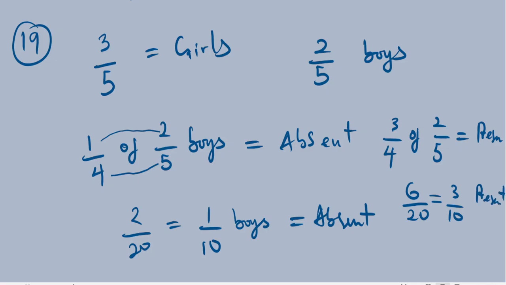So 3 over 10 of the whole class were present, and they are boys. You see that? So we take it step by step. 3 over 5 were girls, 2 over 5 were boys, 1 over 4 of the boys were absent. That means 3 over 4 of the boys were present. And what do we need to know again? Let me demarcate it to avoid mistakes.